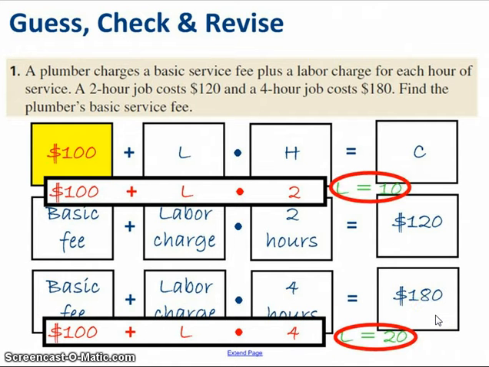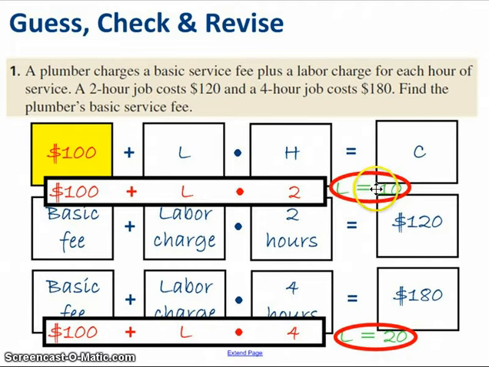Now, if that's true, then let's look at how I got these answers. If I want to figure out what L is, both these L's should be the same. It should be the same labor charge, so that's the test here. If I want to solve for L, I'd move this $100 over. 120 minus 100 would be 20. So L times 2 is equal to 20.